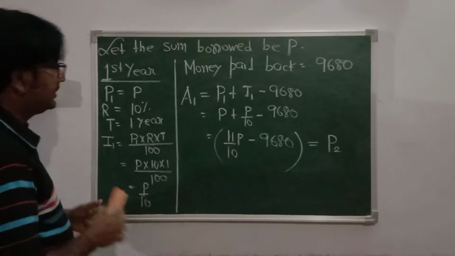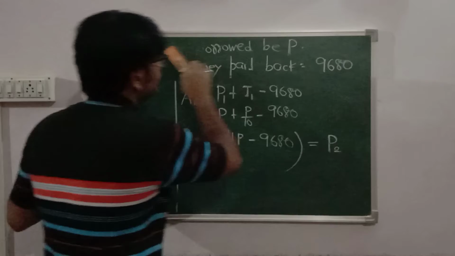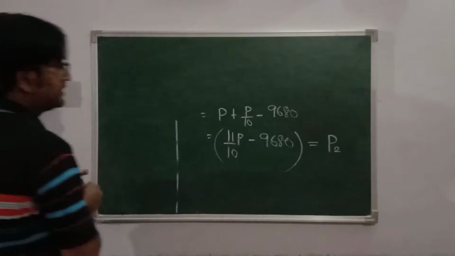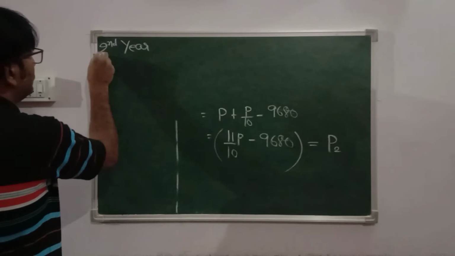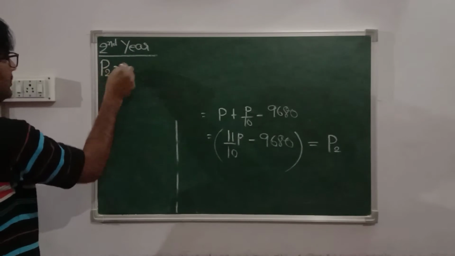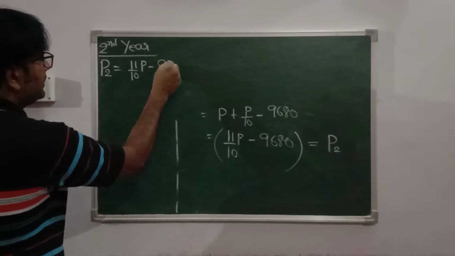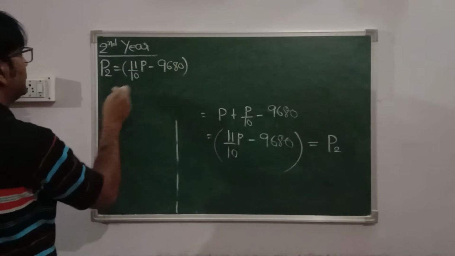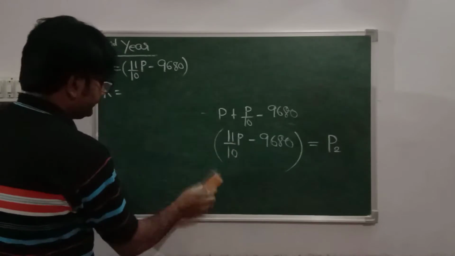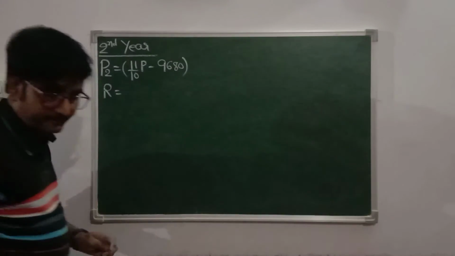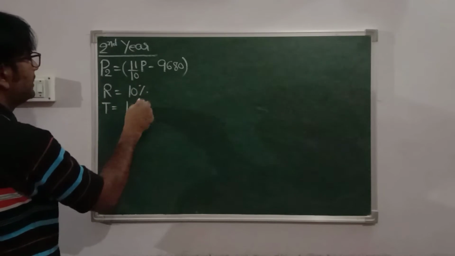Let us move to the second year. In the second year, P2 is equal to 11 by 10 P minus 9680. Rate is again 10% and T is 1 year.